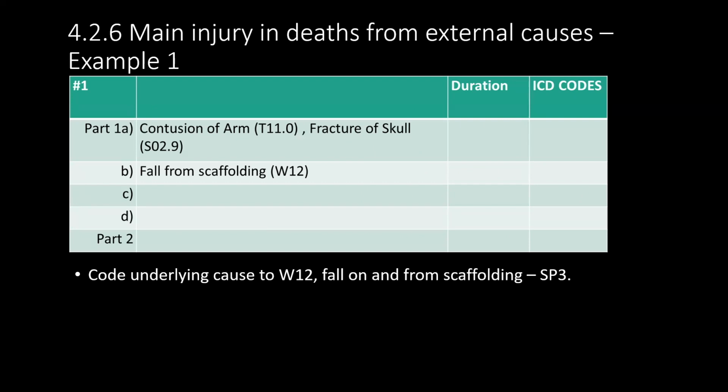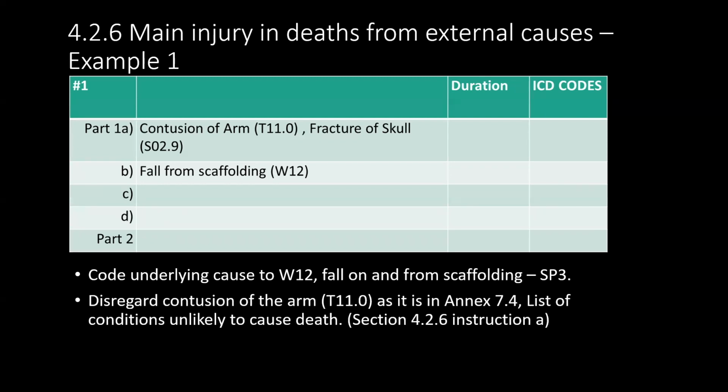In this example, code underlying cause to W12, fall on and from scaffolding, rule SP3, starting point rule 3, and this will be your underlying cause. Disregard contusion of the arm T11.0 as it is in Annexure 7.4 list of conditions unlikely to cause death.